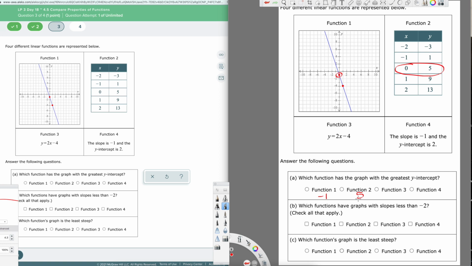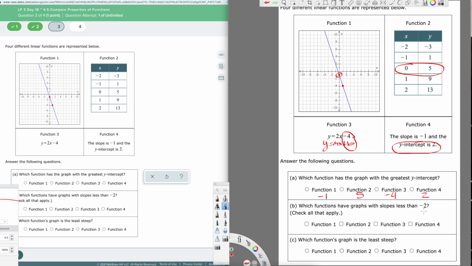For function number 3, we're looking at the equation here, and remember we have y equals mx plus b, and we've been using this one for a little bit now. The slope is the m, b is the y-intercept, so I can identify that very quickly as -4. And then they just told me here that the y-intercept is 2 for function number 4.